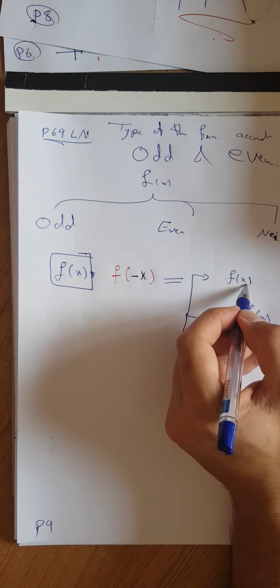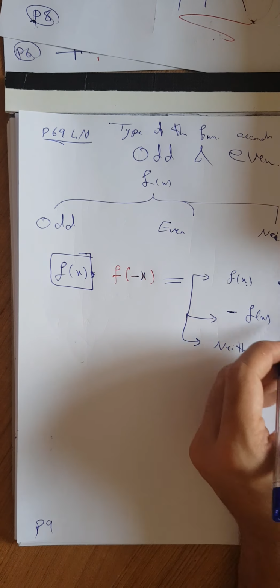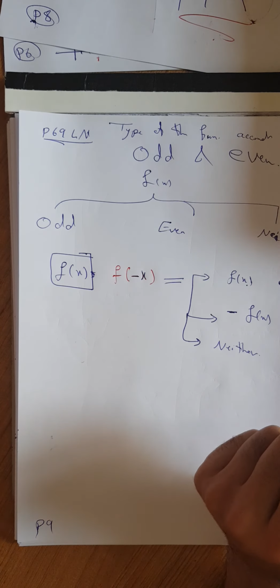So in this case, we say it's even. In that case, we say an odd function. That's when we say neither odd nor even.